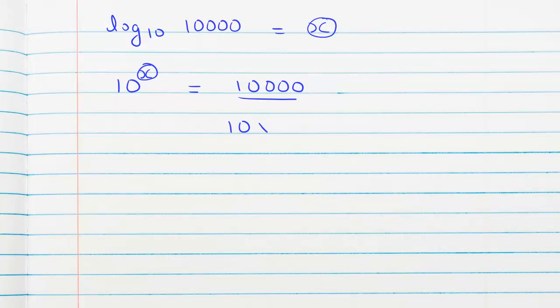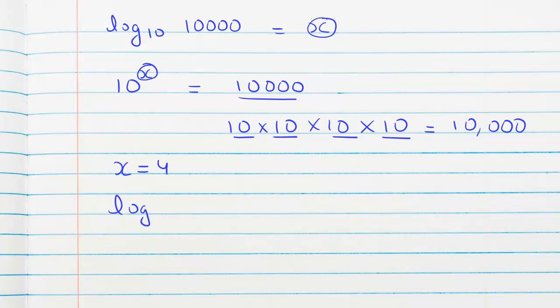We have 10 times 10, that is 100, times another 10, that is 1000, another 10, that is 10,000. So the power we will use is 4 because we multiplied it 4 times. So x is equal to 4, or we can say log base 10 of 10,000 is equal to 4, or in the exponent form we can write 10 to the power 4 is equal to 10,000.